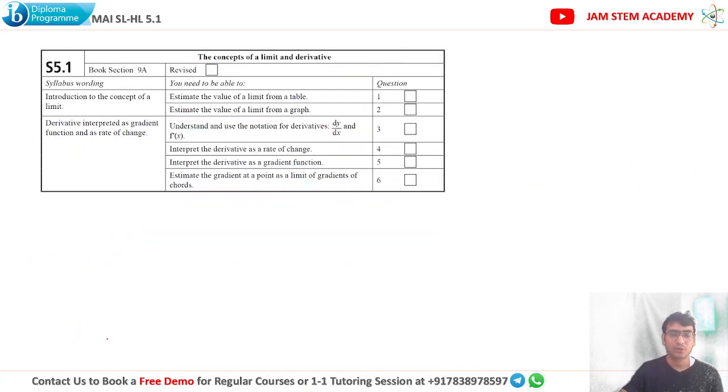Now we have covered all these things. Let's have a quick recap of what we did in this session. We started with finding the estimated value of the limit of a function from a table. We also covered how to find the limit of a function using the graph by finding the left hand limit and right hand limit. Next, we saw the meaning and the notation for the derivative dy over dx and its representations.